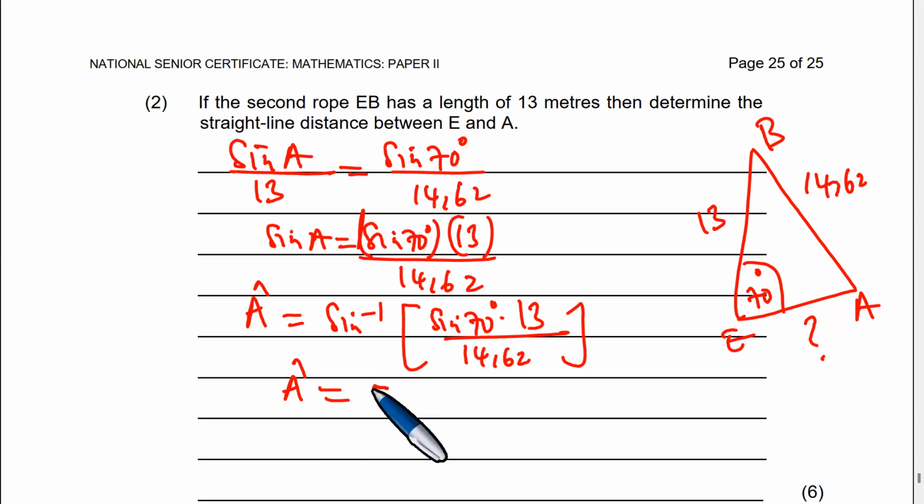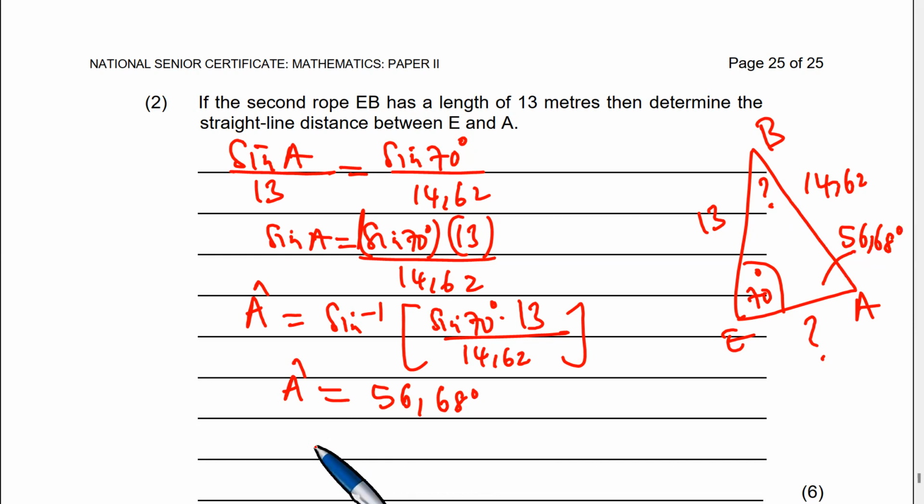If you use a calculator here, the angle A becomes 56.68 degrees. So this one is 56.68 degrees, in which case we just need to find B.